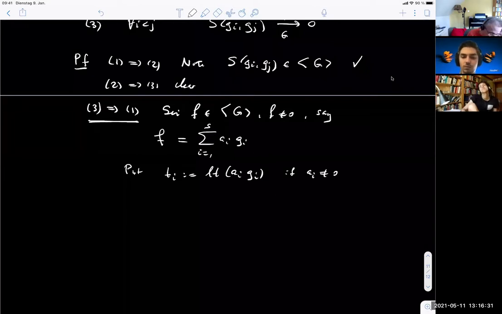I may have canceling or not. But for sure, I can say the leading term of f is less than or equal to the maximum of all the ti, taken over those i where ai is non-zero.